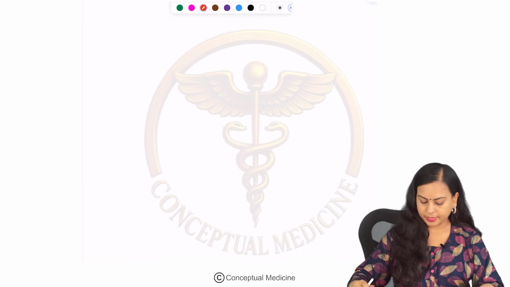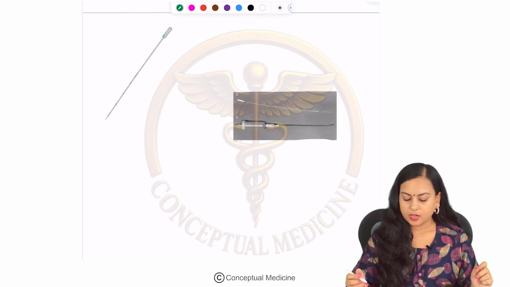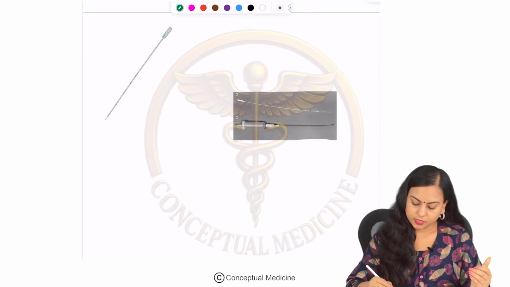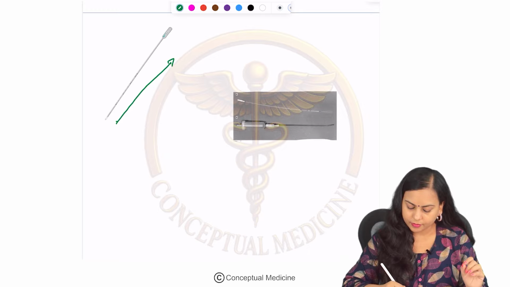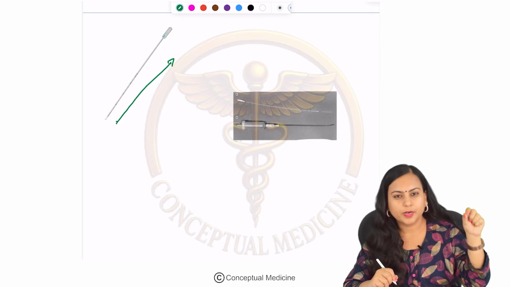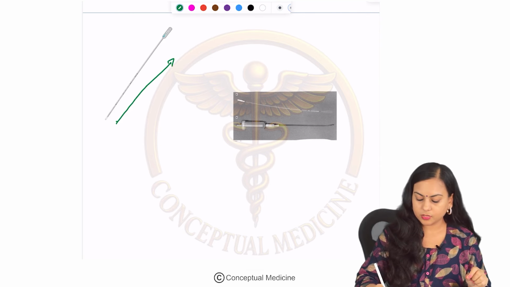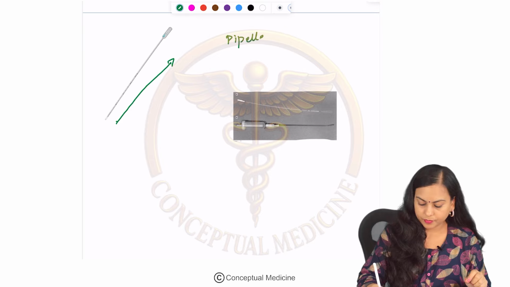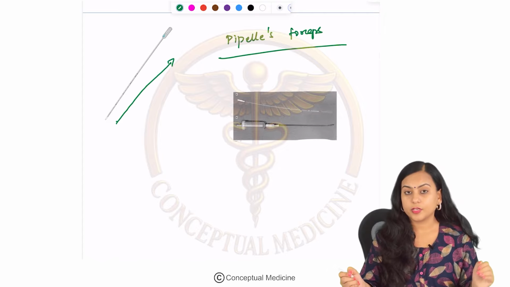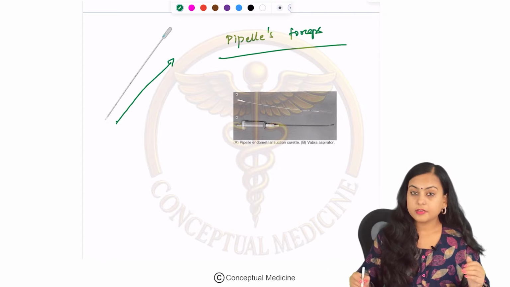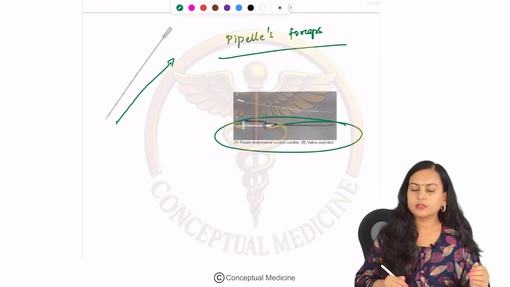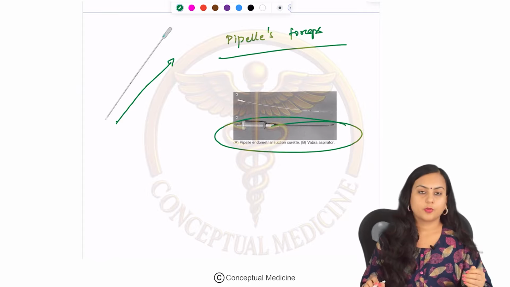Clear? Right. Now, this instrument is made of plastic, and it is a single tube-like instrument. This is your pipelle forceps that is used for taking endometrial biopsy. And this is your Vabra aspirator that is also used for taking endometrial biopsy.